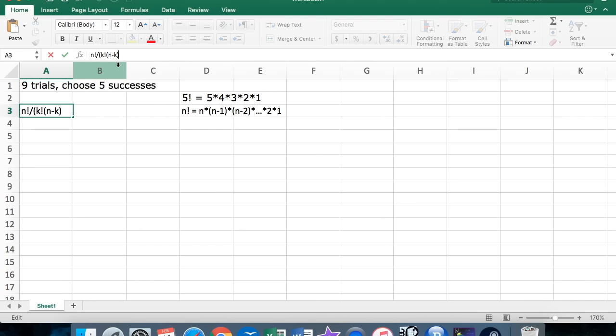So it's k factorial times n minus k factorial. Alright, so this is our formula. It looks better if I could write it out, but I can't really in Excel. So anyway, n of course is trials. k is number of successes.